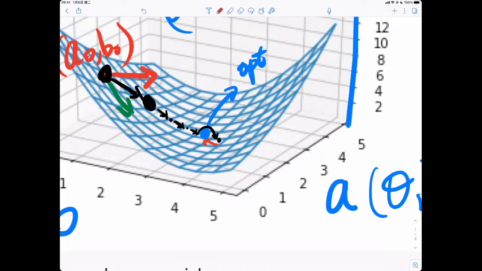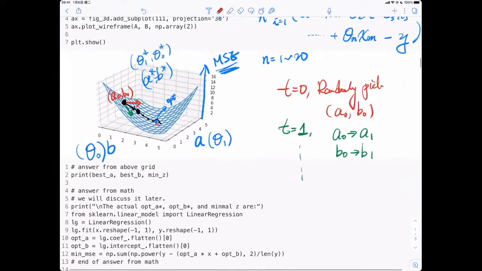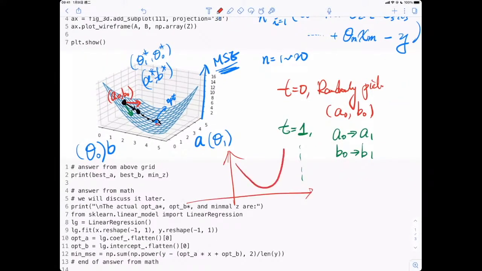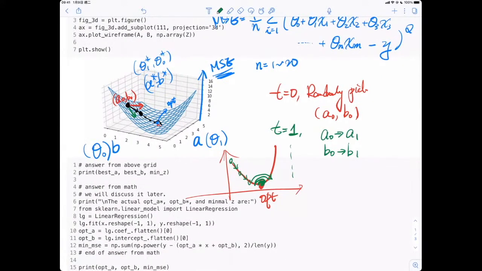If you draw this figure in 2D, it may look like this. Here is the optimized point. Your trajectory may look like this. You go to the other side, come back, and so on.